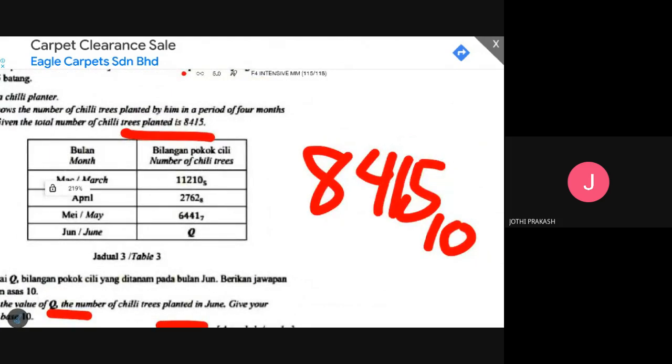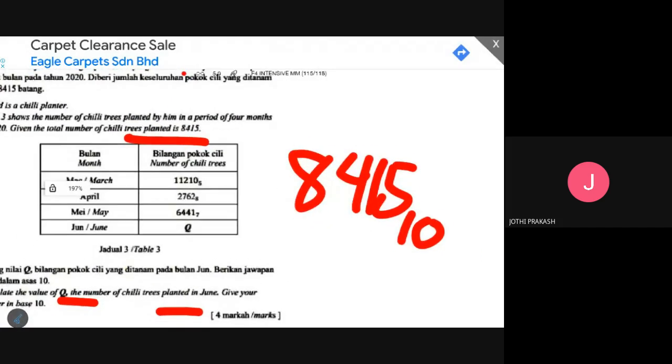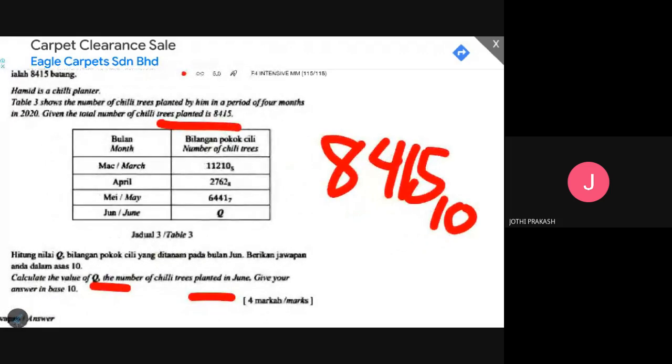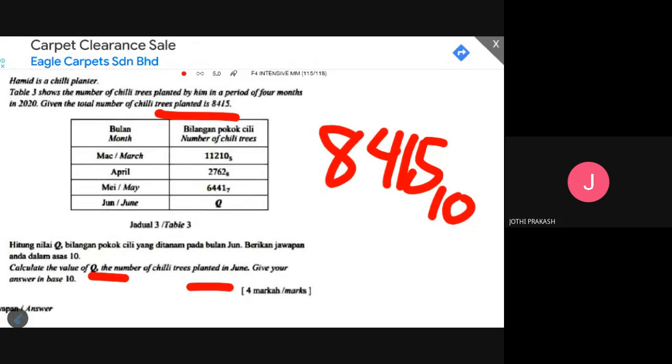The total is over here, 8415. 3805. Yes, correct, Afrika. So you all should get 3805 as your final answer. Okay, kalau kamu cuba tukar yang ni satu per satu slowly, you all should get 3805.